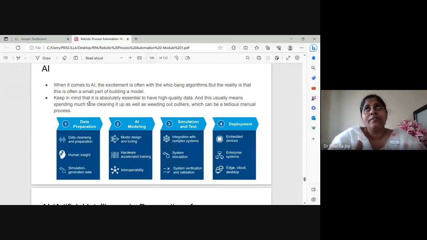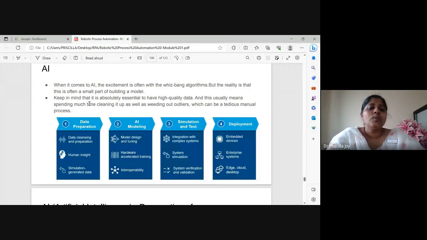For example, when we take data on a tumor or some disease, there are so many parameters. For our particular project, we need only a certain number of parameters, so we take those parameters alone for our processing and disregard the other parameters. That is the data cleansing process.